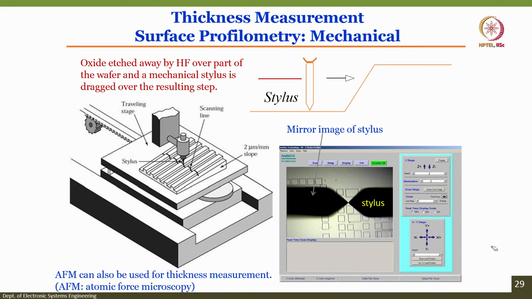Okay. In this case, which is a mechanical way, the disadvantage or limitation is that we need to create a step. When you create a step, that means you are destroying that particular material. What does it mean? You have silicon dioxide, you are patterning it, which means you are etching silicon dioxide from the remaining area, right.